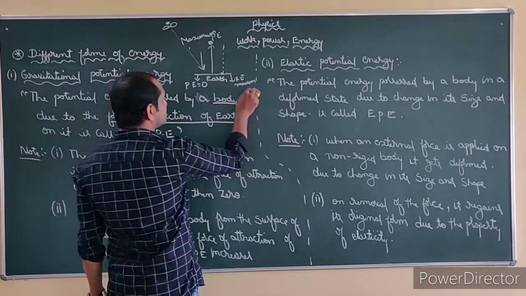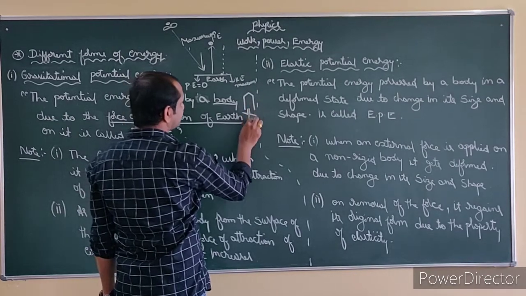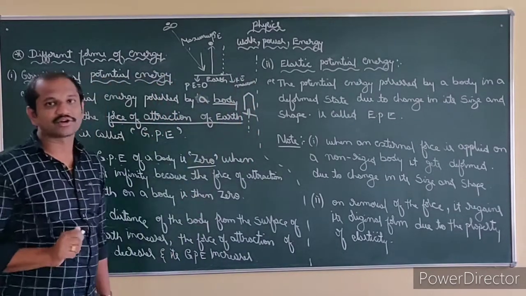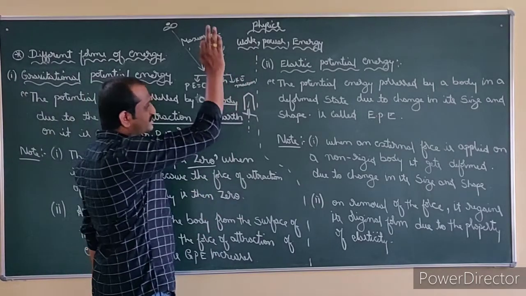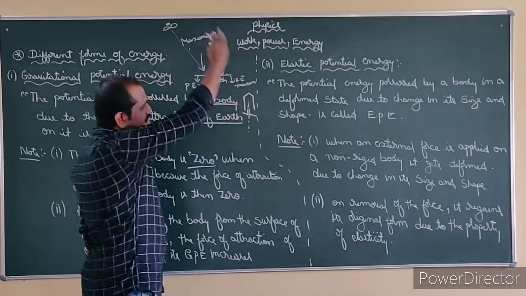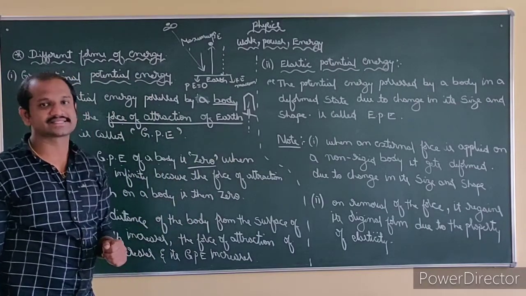That is the case in rocket motion. When a rocket is launching, you know the principle of the rocket works on Newton's third law of motion. When a rocket is launching, the gravitational potential energy increases as it leaves the Earth's surface.